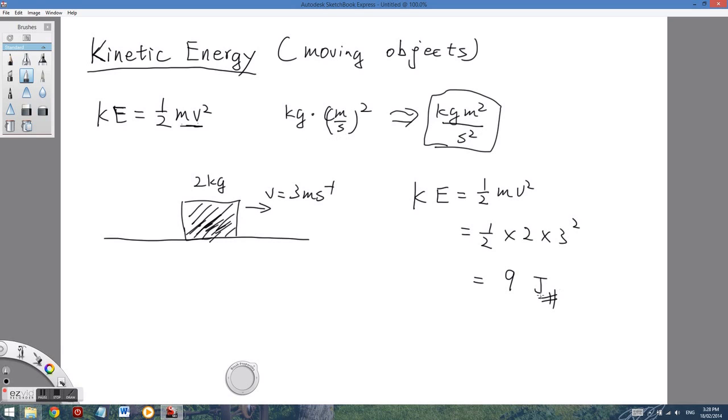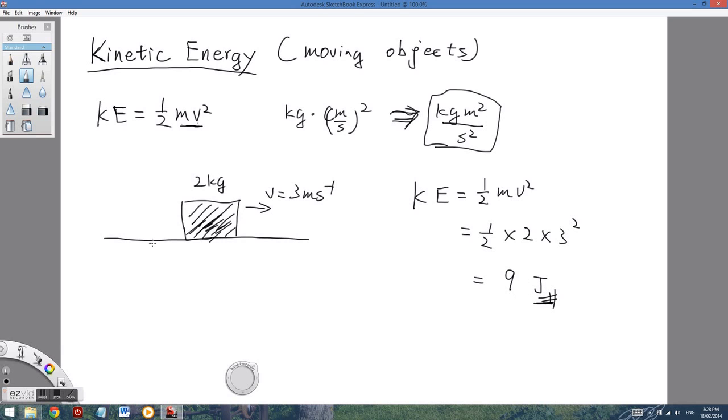The idea for units is, if every time we're talking about energy I had to mention a unit of kilogram meter squared per second squared, it's just too much, and it doesn't make sense. So we invented something called joules. We call this 1 joule of energy. So we have 9 joules of energy here.